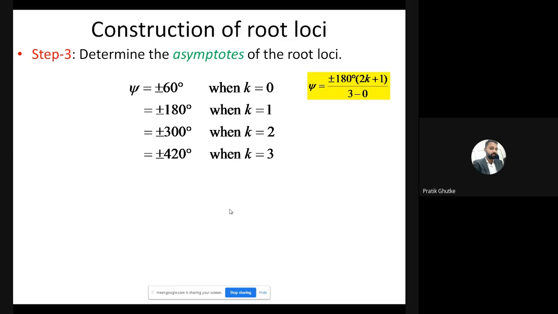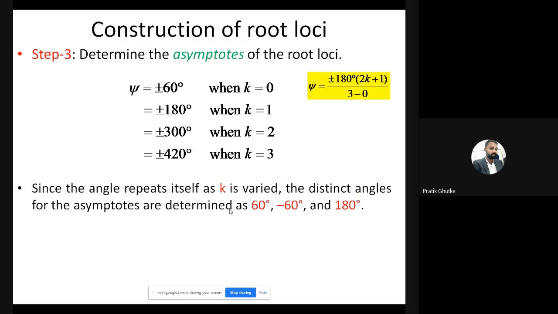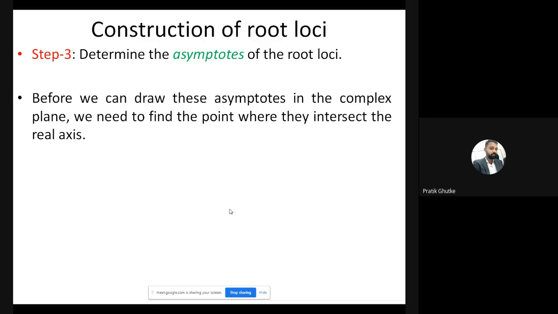So (2 times 1 plus 1), which is 3, times 180 divided by 3 comes to 180 degrees. So psi 2 is 180 degrees. Similarly, psi 3 is 300 degrees. Since the angles repeat as k is varied further, the distinct angles are 60 degrees, 180 degrees, and 300 degrees.